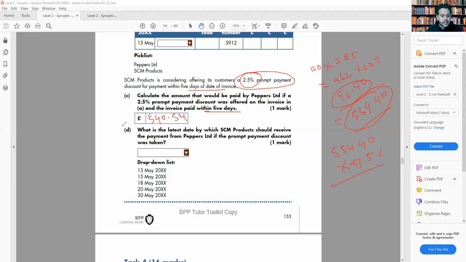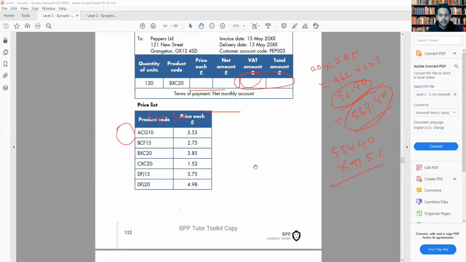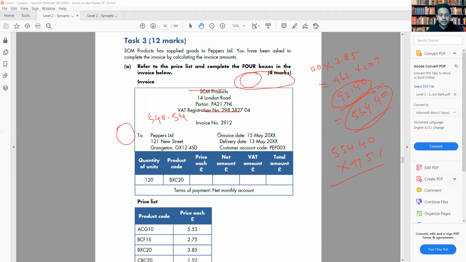And the next one, part D, asks what is the latest date by which SCM Products should receive the payment from Peepers Limited. So for the invoice date, we need to see what the invoice date was. So let's have a look. From there I have 5 days. The invoice date was 15th of May.